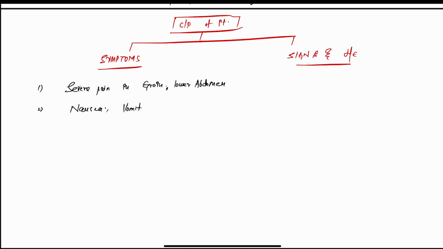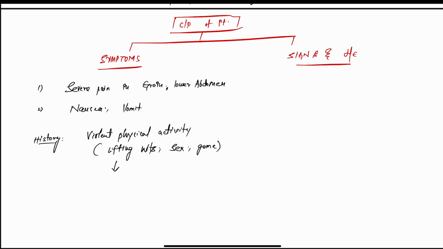Actually, if you ask about the history, most of them might be doing some violent physical activity, like lifting weights, sexual intercourse, or playing a vigorous game.